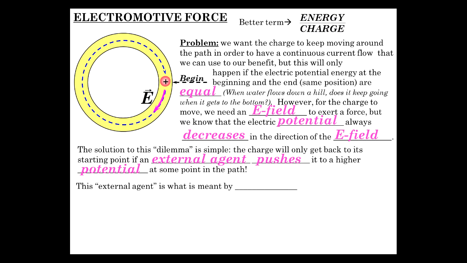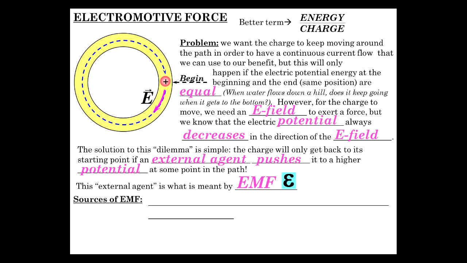Well, that external agent is what's meant by EMF, or electromotive force. Some device has to raise the energy of the charge. The EMF, the energy per charge, has to go up because it's been going down as it goes around the circuit. So sources of EMF are batteries, generators, solar cells, fuel cells, thermocouples, those kinds of things.